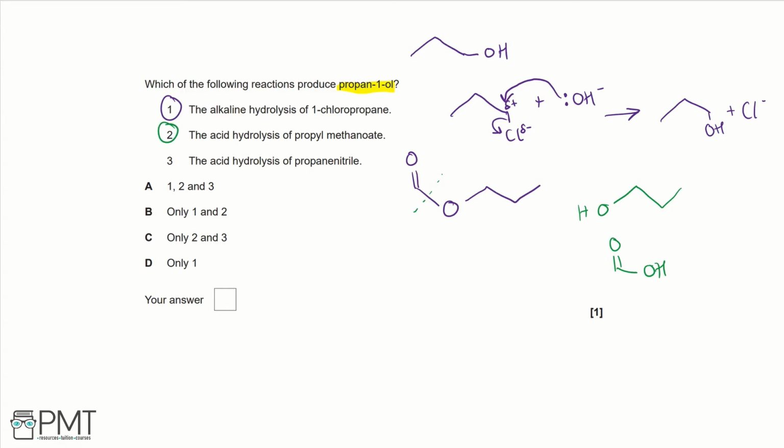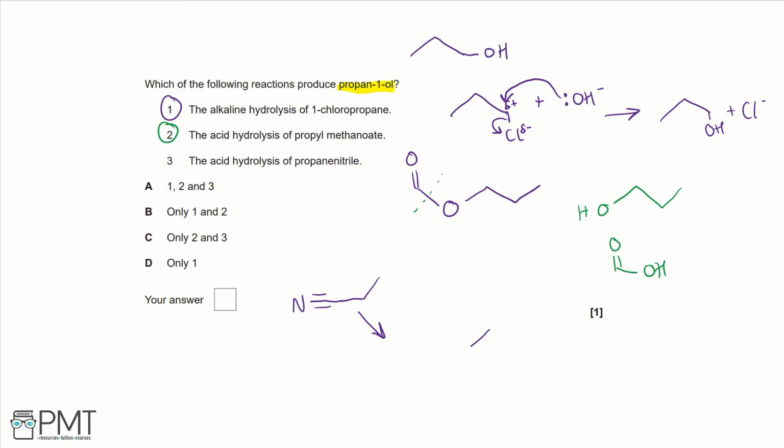Then we need to look at the acid hydrolysis of propane nitrile. Drawing out propane nitrile, we have our 3-carbon chain, and then we have an extended line where we've got our nitrile group attached. This is in your reaction map and your reaction pathways, which if you struggle with this question, you should look back on and maybe make a revision guide from it. When you do acid hydrolysis of a nitrile, you get a carboxylic acid.